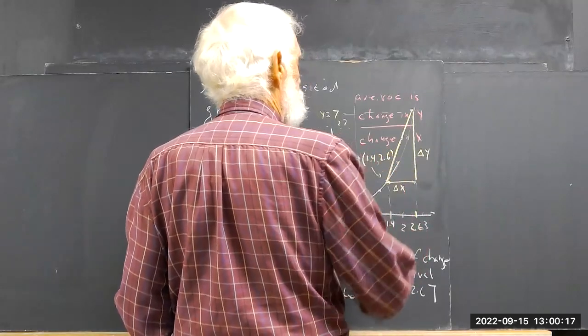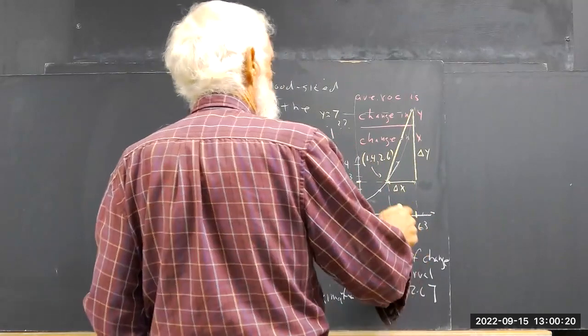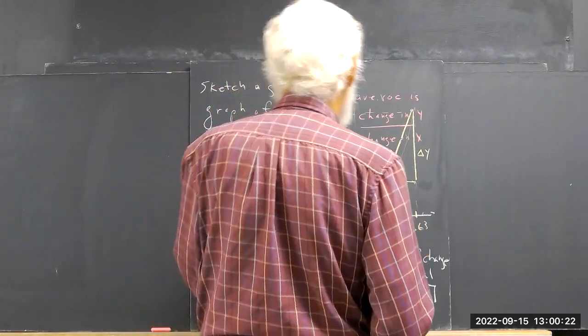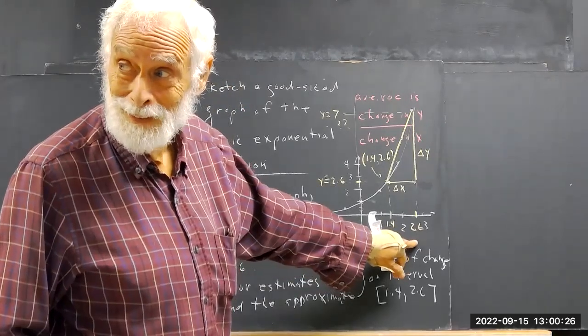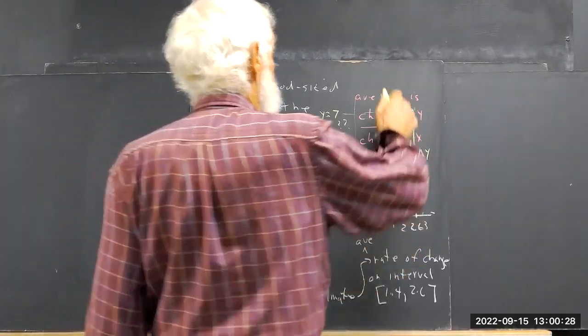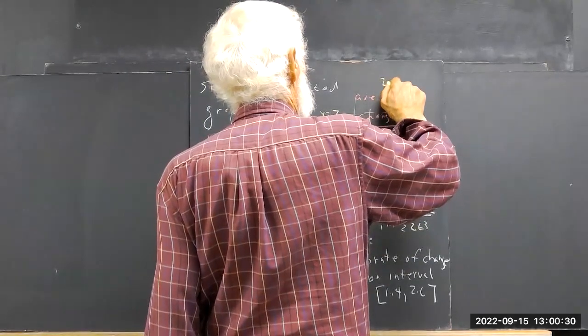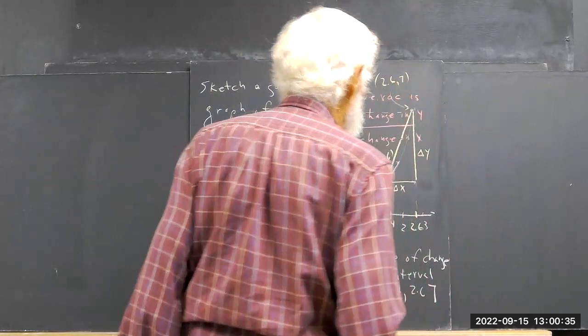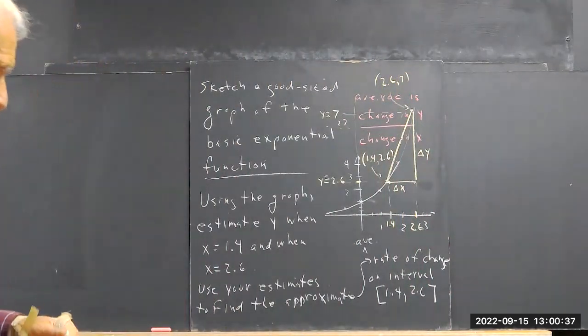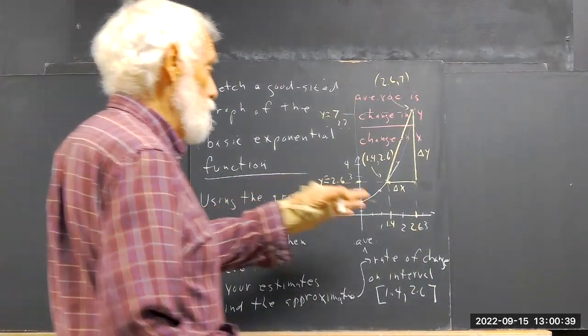So I got 1.4, 2.6, and up here, coincidentally, 2.6 was one of my x values I'd taken down. So up here we've got 2.6, 7. Well, what's the change in x?